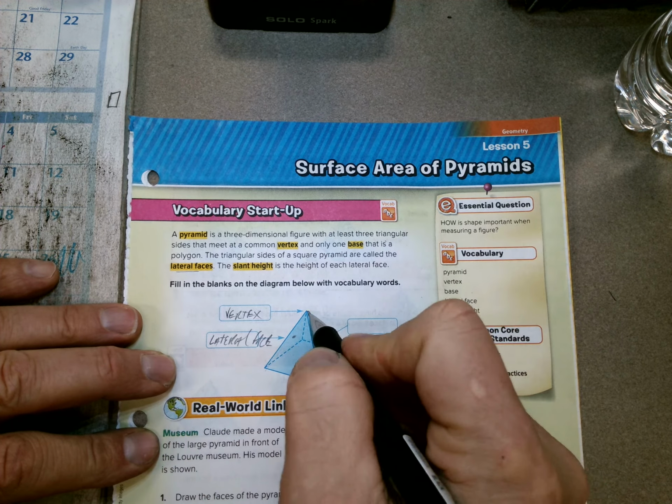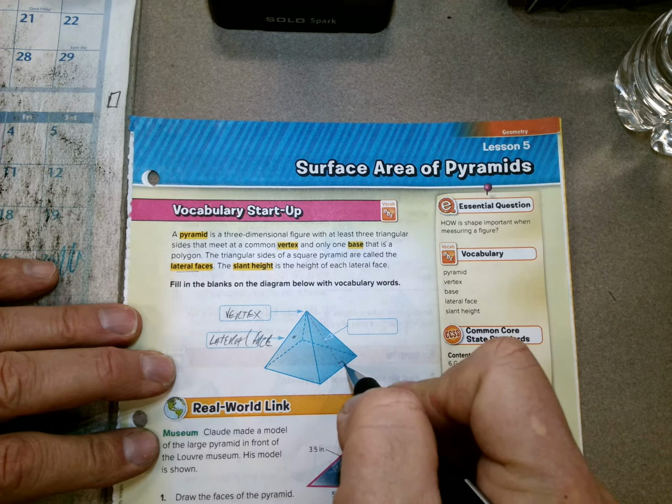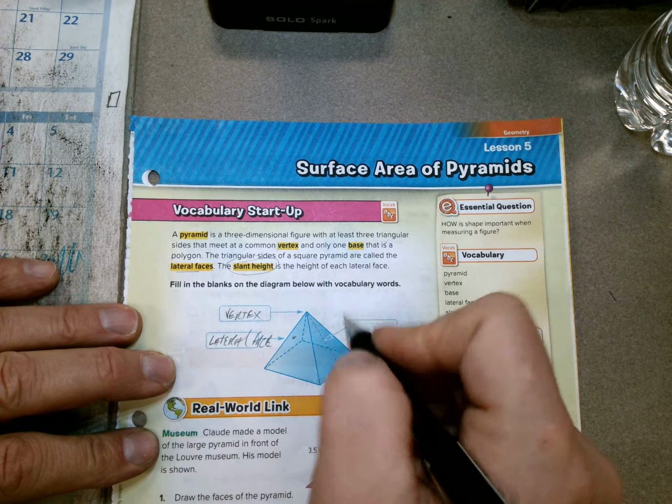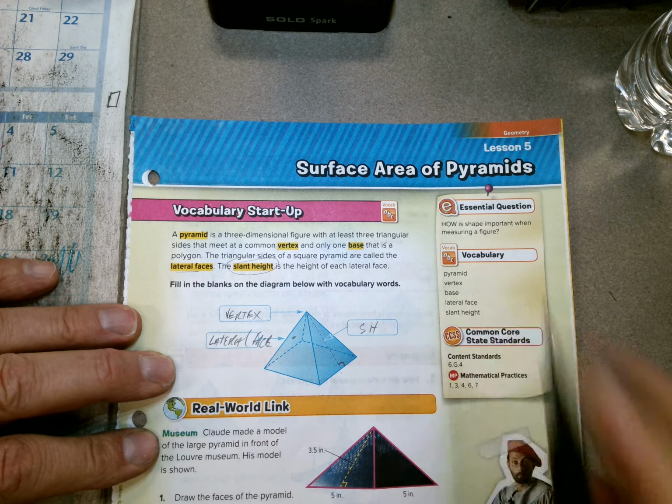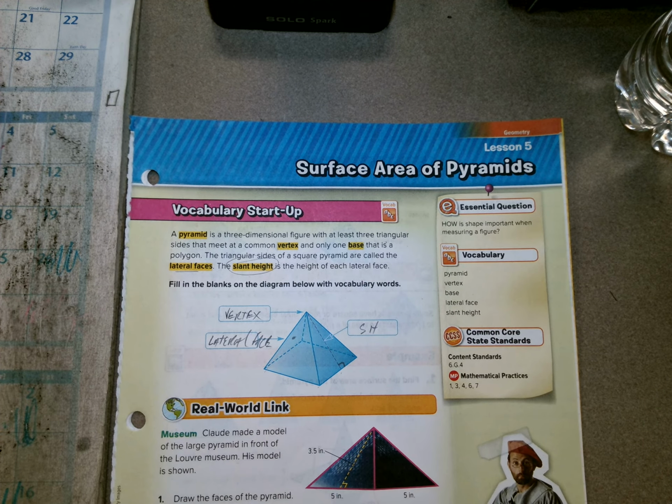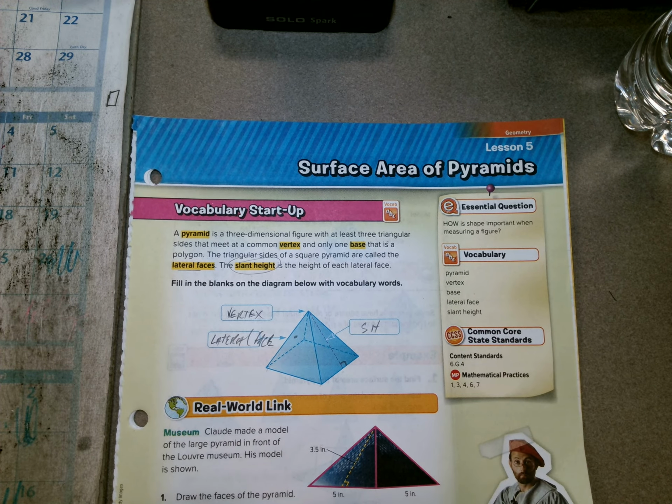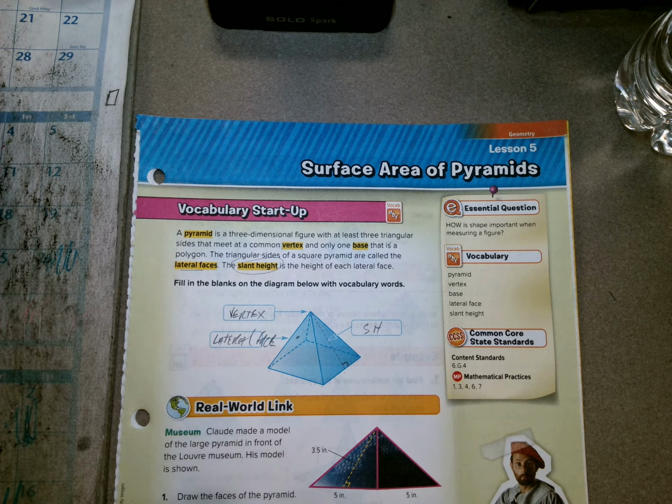And then finally, you see this that's perpendicular to here. That's our slant height, and I'm just going to abbreviate that. So just to go over that little tidbit with you and make sure that we're in good shape here.